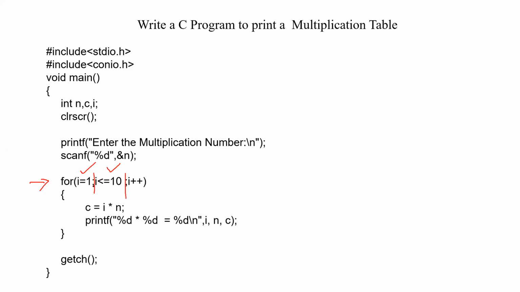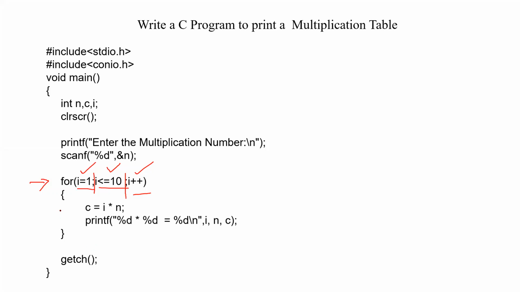Agash has written comparing, so it will be like testing the control variable, and the third one will be the increment or decrement, right? There are three actions for the control variable inside the for loop. First part will be the initialization part, second part will be the testing part, and the third part will be the increment or decrement of the I variable, or the control variable.